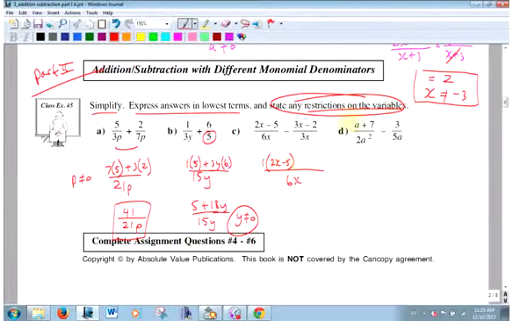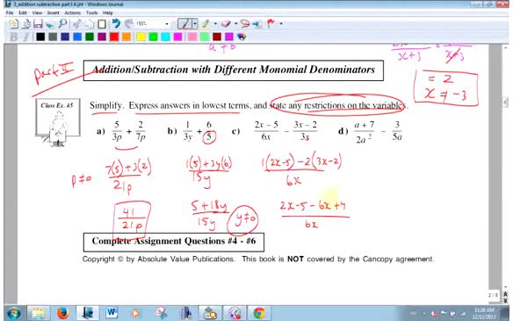Okay? I got a minus. How many times does 3x go into 6x? Twice times 3x minus 2. Okay, the 1 doesn't do anything here. I have 2x minus 5, but this negative 2 definitely multiplies to both things. Minus 6x plus 4 all over 6x.